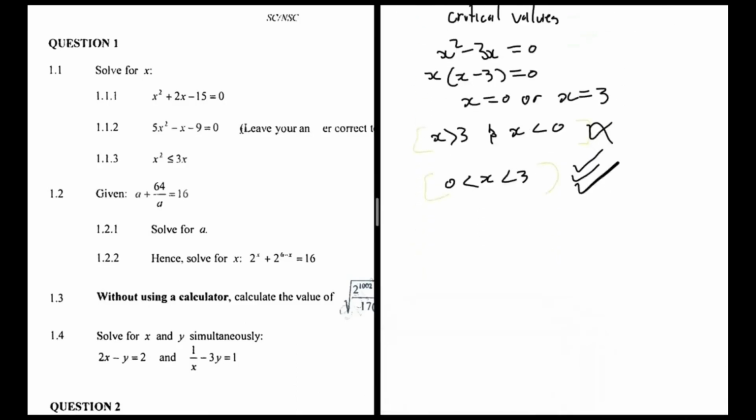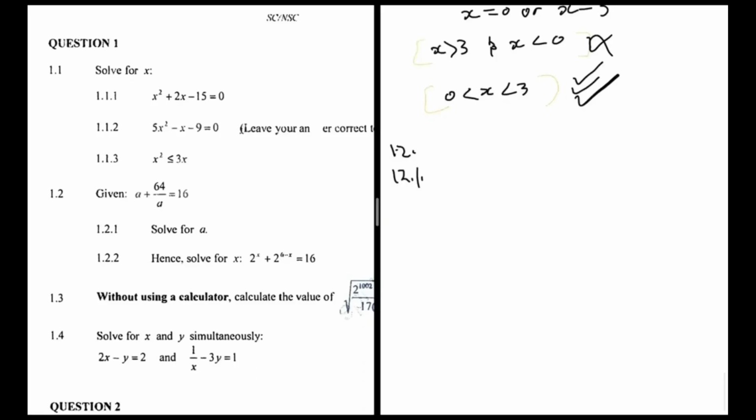So we have 1.2, and then 1.2.1 we're solving for a, and we are given a plus 64 divided by a equals 16. I don't like dealing with fractions, they're so complicated, so I'm just going to multiply everything by a, right?